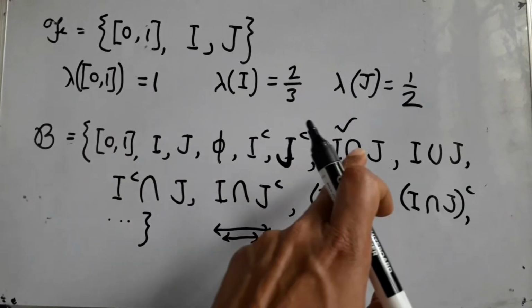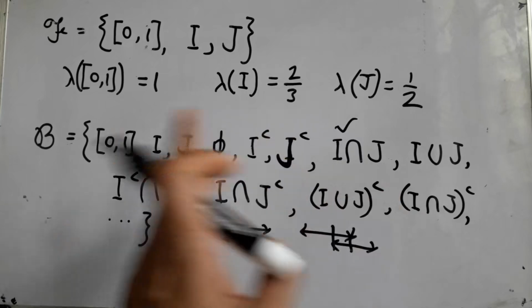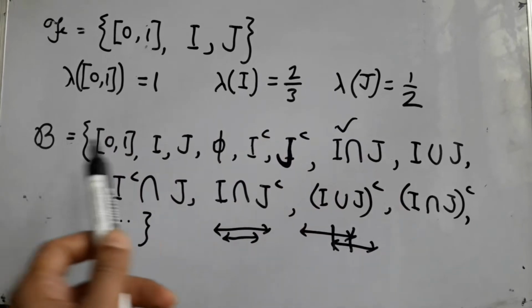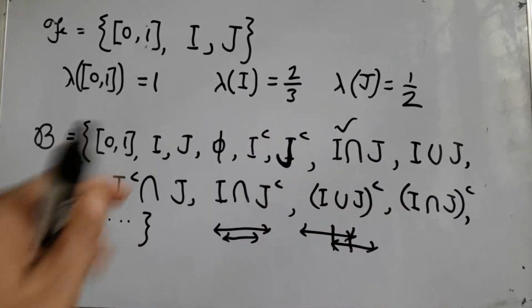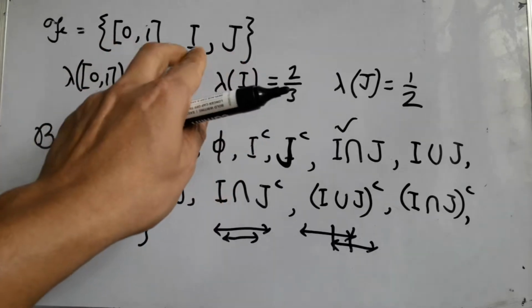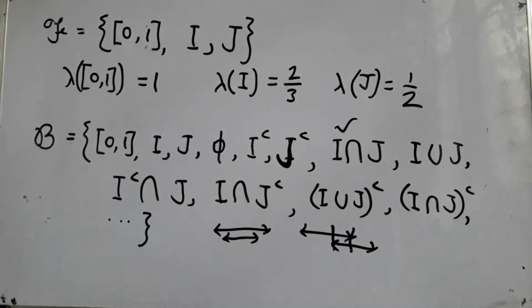However, if I tell you this also, the length of I intersection j, then it is pretty obvious that you can work out the length of everything else. So, the initial collection should have this property. Whenever I specify lengths of I and j, I should also tell you how much they overlap.